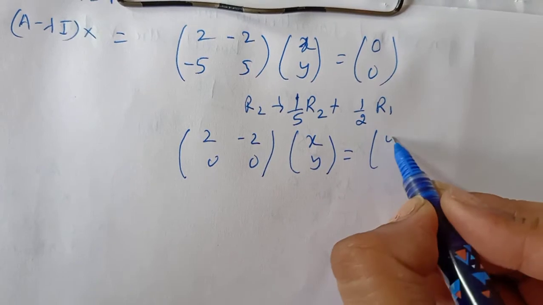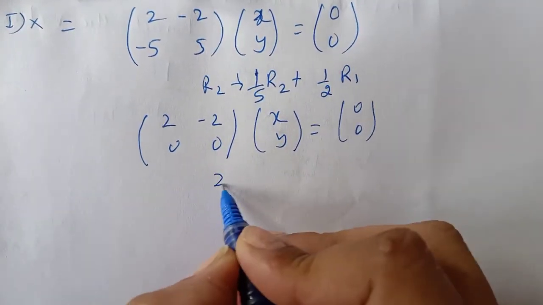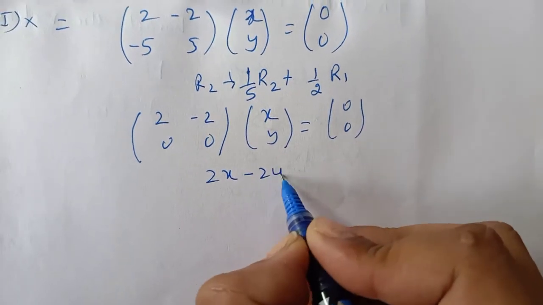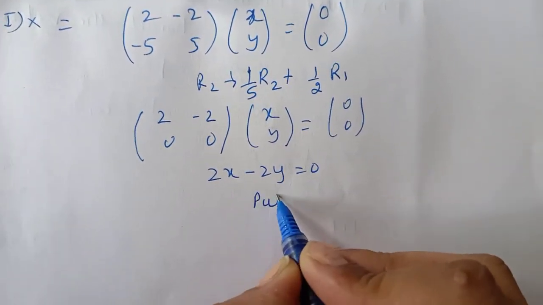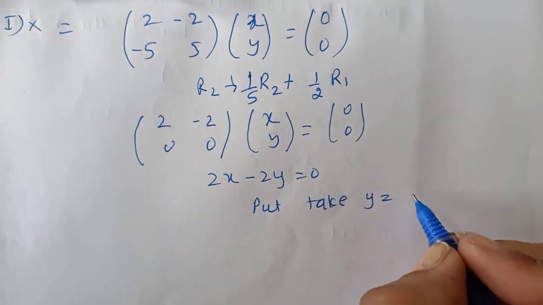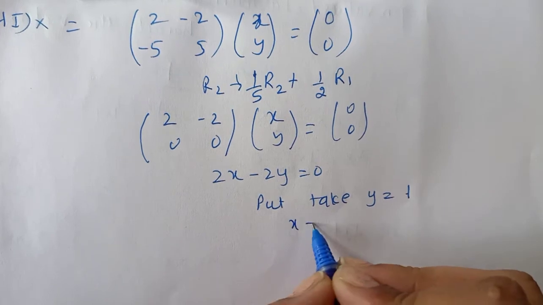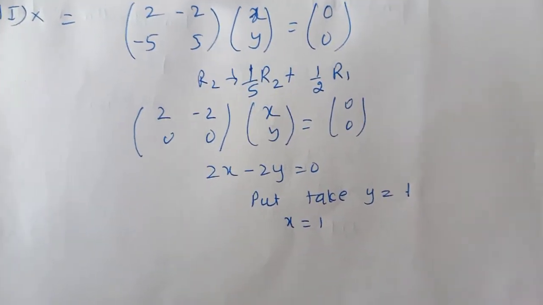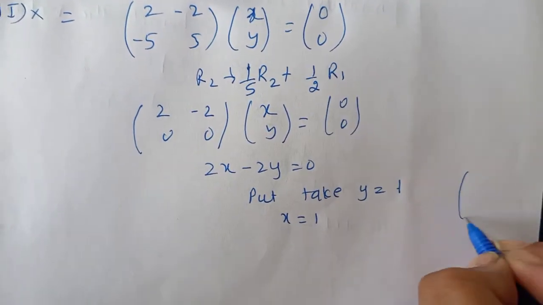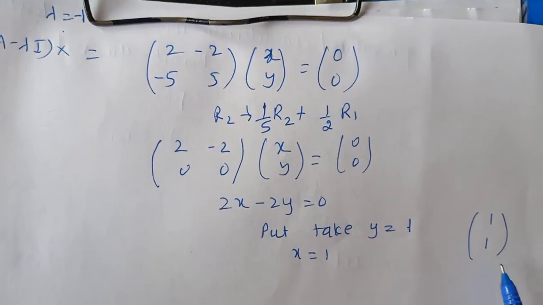Of course, I will obtain the case of infinitely many solutions, and if I convert them into equations and take any random value of y, let me say I am taking y as 1, then the corresponding value of x we will obtain as 1. So the eigenvector corresponding to lambda = -1 is (1, 1).